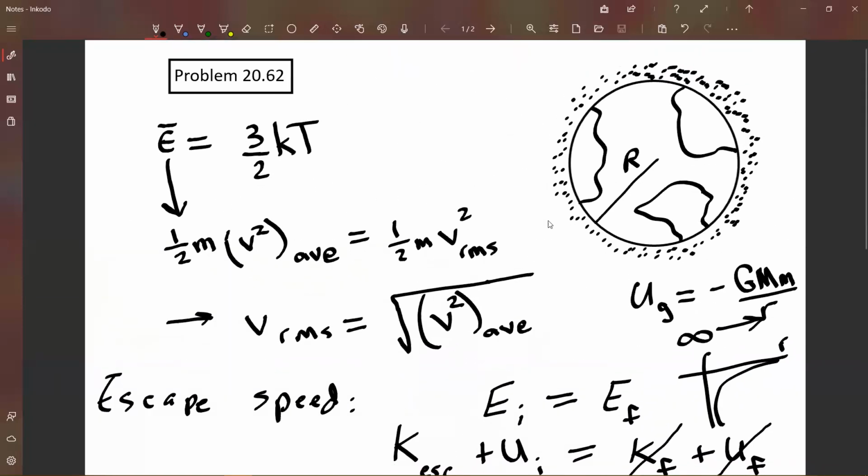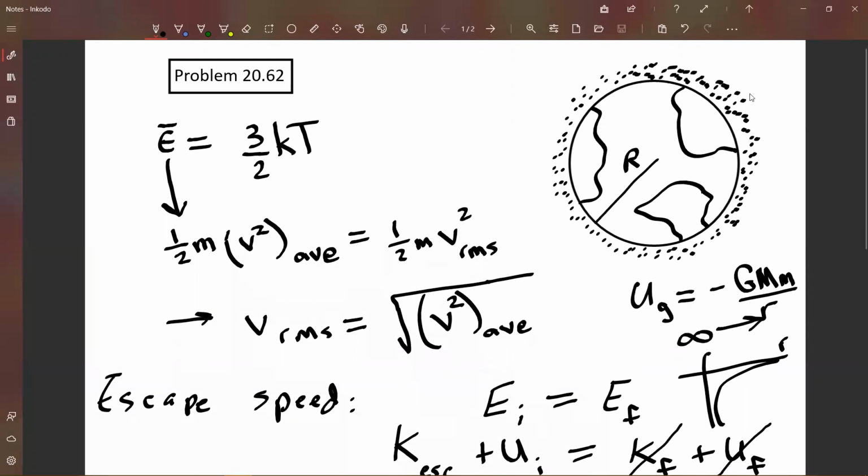And of course, we're talking about particles in the upper layers of the atmosphere, really the very top, tippy top of the atmosphere, because it doesn't matter if a particle near the surface of the Earth is moving really fast. It can't escape per se because it's going to collide with a bunch of other particles before escaping. So we're really looking at particles at the very edge of the atmosphere that actually have an opportunity to be boiled away from the atmosphere.